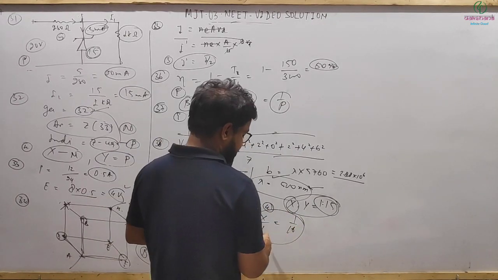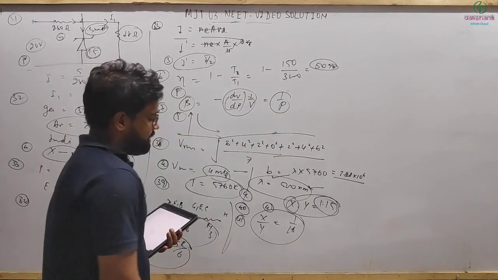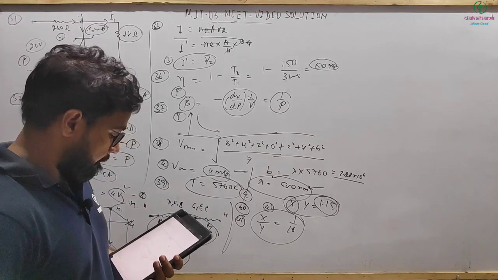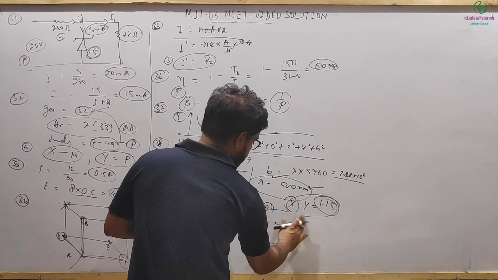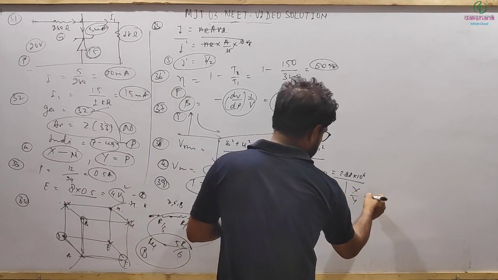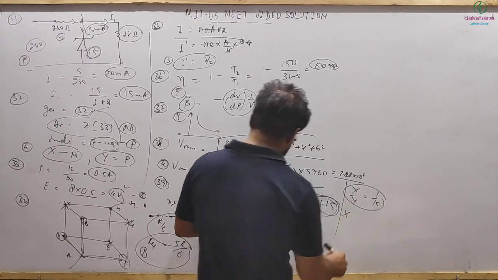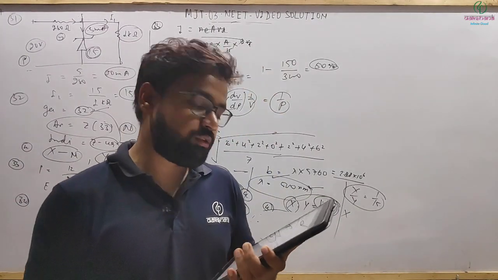So here we can write X upon Y equal to 1/15. Half-life of radioactive isotope X is 25 years.